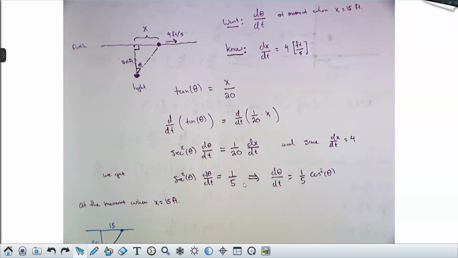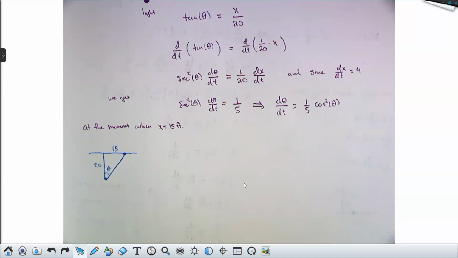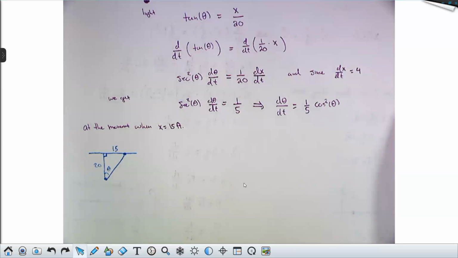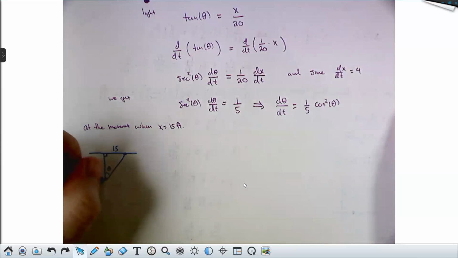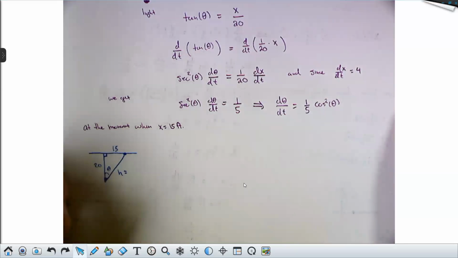So I will need to find the cosine of theta here. In order to find the cosine of theta, I need to solve for this hypotenuse. So I'll just label that as h, and we'll solve for it.